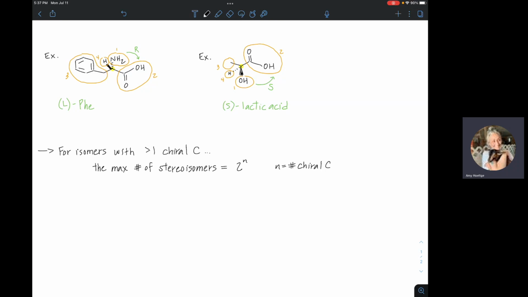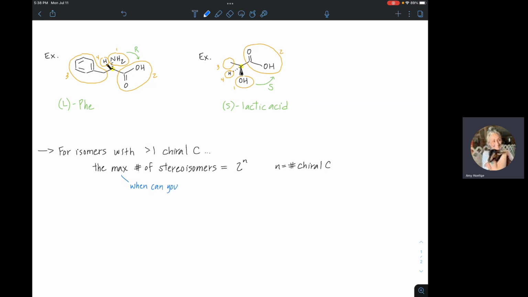So if, for example, you have a molecule that has 2 asymmetric carbons, the maximum number of stereoisomers that you should be able to get would be 4. In that case, you would have 2 pairs of enantiomers. There are situations, so let me write this down here, it's kind of important. There are situations where you can get less than the max. So when can you get less?